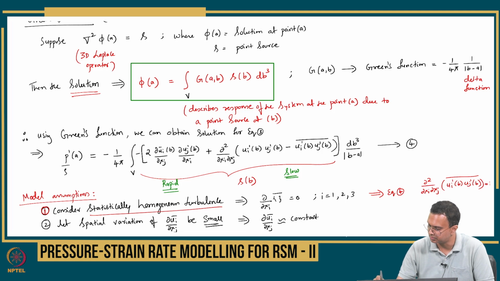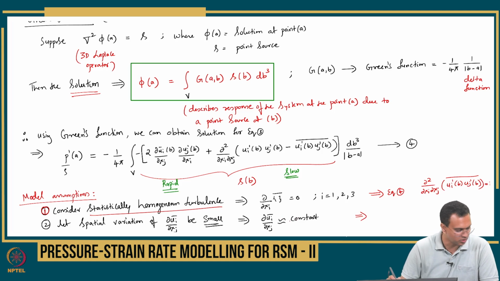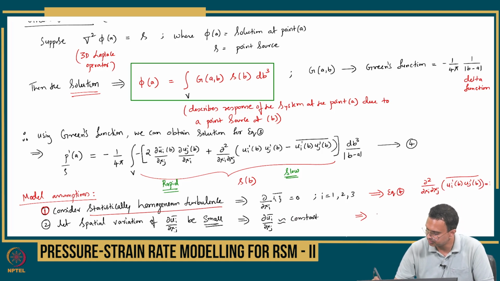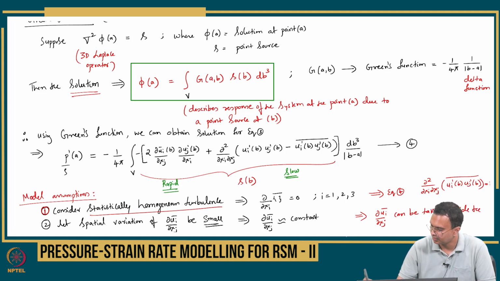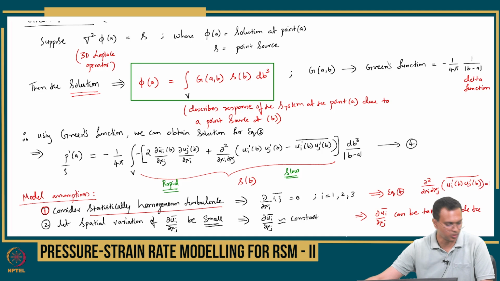And the consequence of the second one, as I already said, is that this will become almost constant, that means this term ∂Ūi/∂xj can be taken outside the integral. These are the consequences of the two model assumptions here.